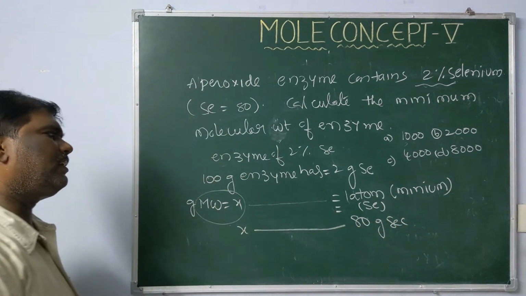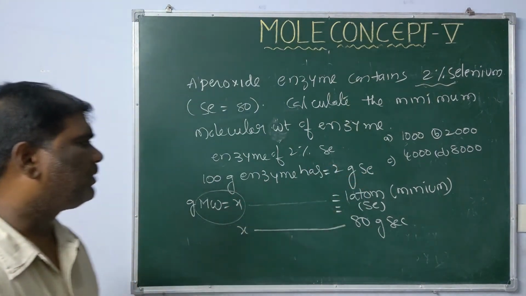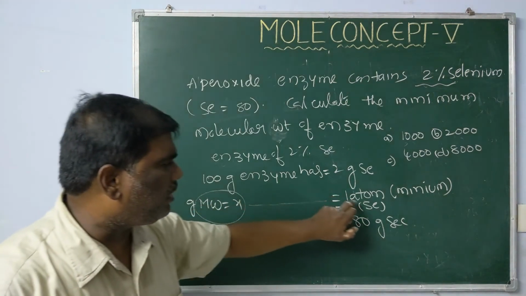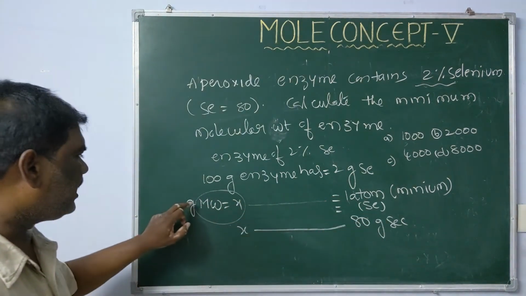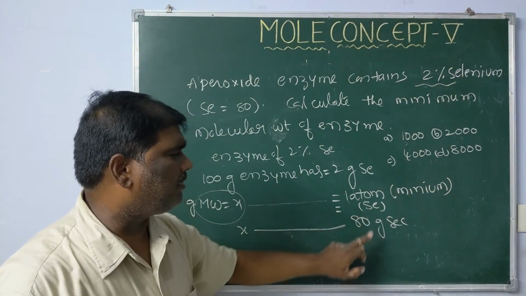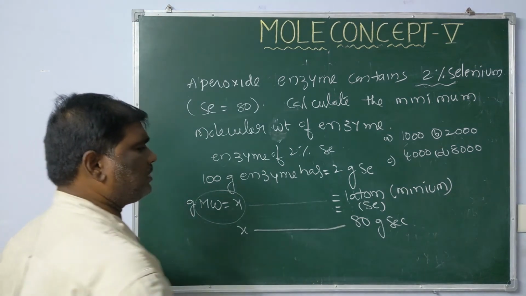I repeat once again. 100 grams of enzyme contain 2 grams of selenium. You are asked to find the molecular weight if it contains a minimum of 1 atom of selenium, and 1 atom of selenium is taken as 80 grams.